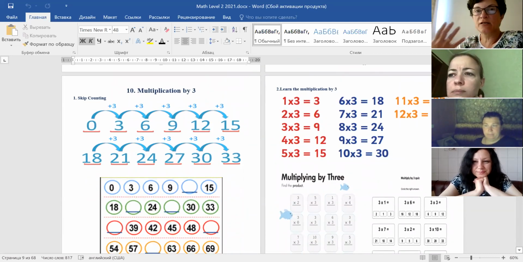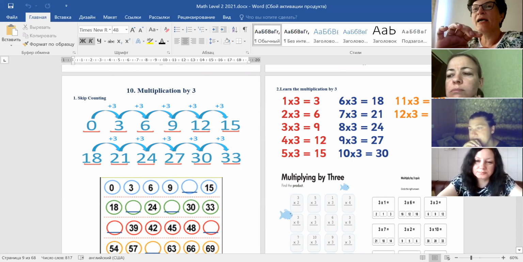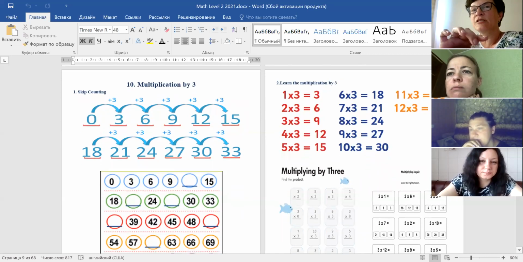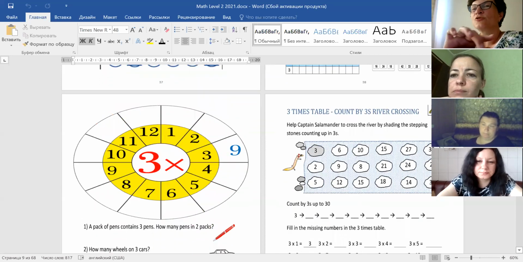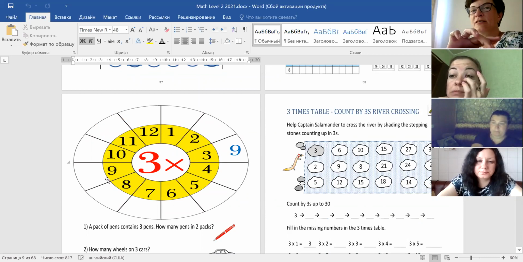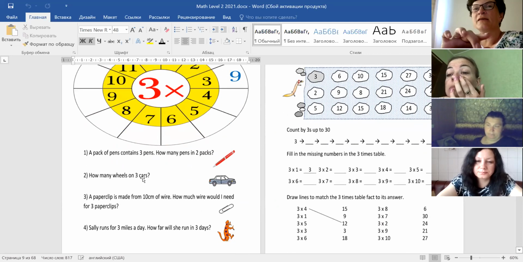Now we'll divide into 6 groups, and each group will do multiplication by 3, or by 4, or by 5, or by 6, or by 7, or by 8. I have already done this part with skip counting. You do skip counting, you learn multiplication, you do this wonderful task from Captain Salamander, and you have here the simple problems.